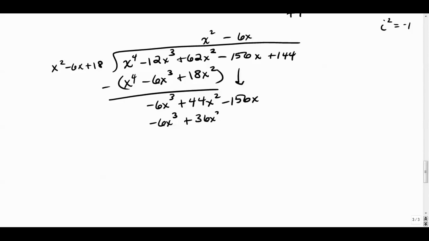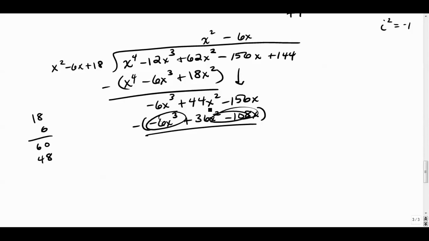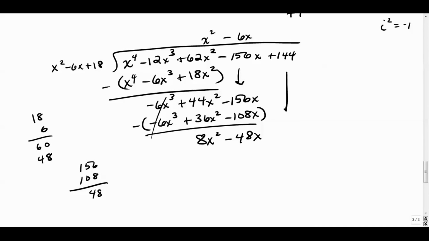Plus 36x squared minus 18 times 6, which is 60 and 48, 108. Subtract. Remember that minus sign gets distributed to all three of these terms on the bottom. These cancel. 44 minus 36 is 8x squared. Negative 156 plus 108 is, oh gosh, 156 and 108. Let's see, that's going to be negative 48x. Bring this down, plus 144.